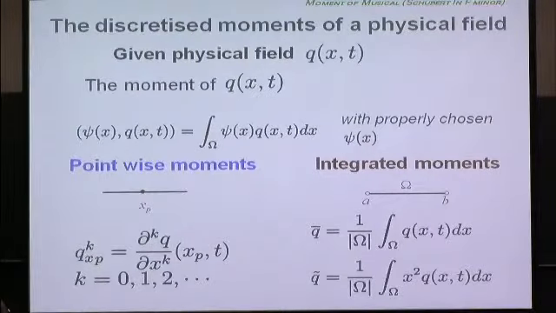The moment here is just to give you a relatively clear image of what moment we use here. For a given physical field, we need some discretized quantity to describe the spatial distribution of this quantity. The way to do that is, you can choose a test function and do this inner product, and then you have some discretized quantity.